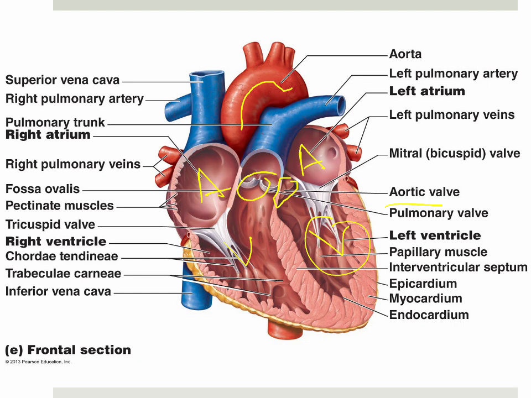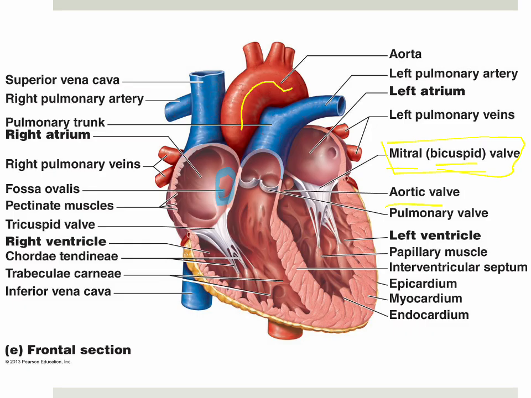So also talking about atria and ventricles, we are going to see this valve known as the bicuspid valve, but it's also called the mitral. Okay, so you'll see these two used interchangeably. Also here, I'm going to erase this. All right, this is where the fossa ovalis is.